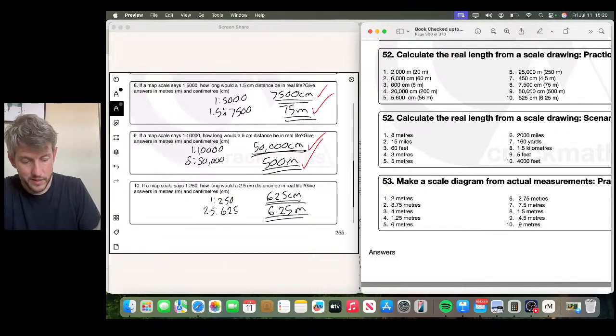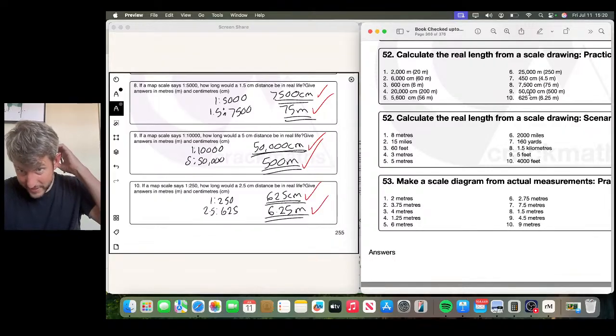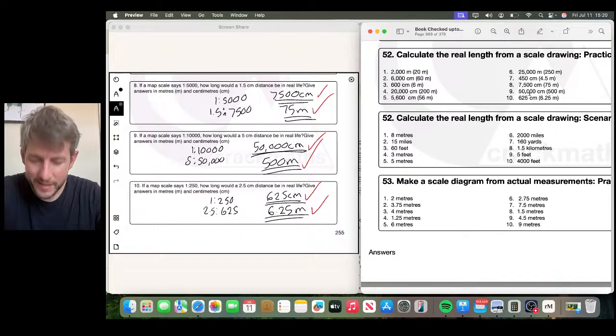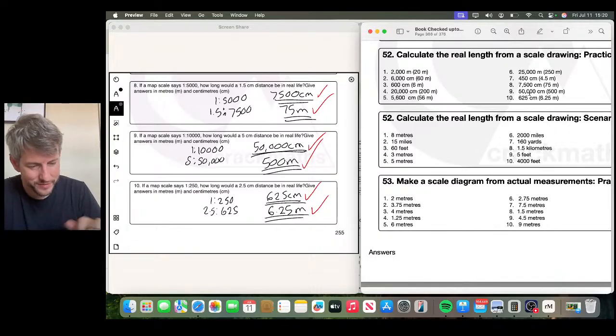And 625 centimetres, 6.25 metres. Right, okay, great. Let's go on to the next ones.